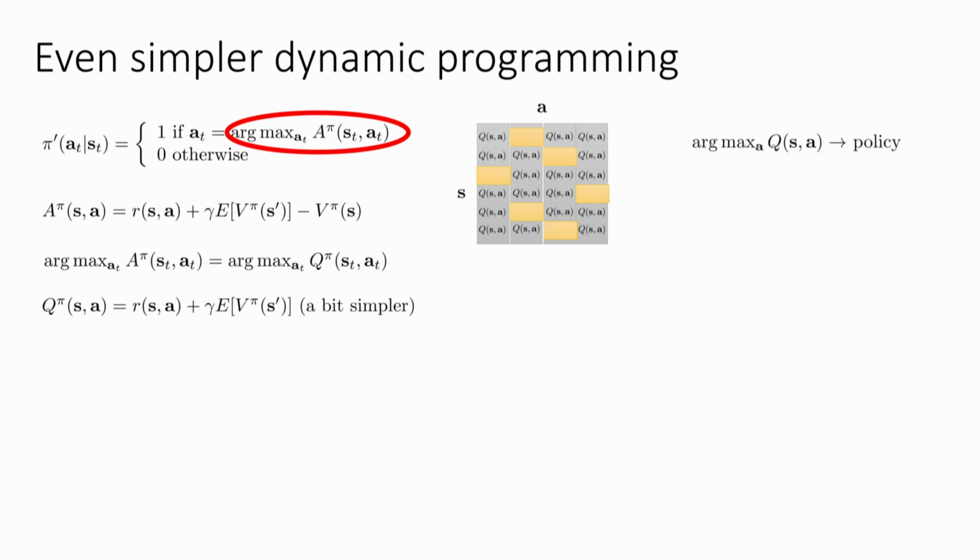That becomes the policy. Then we could ask, what's the value of that action according to your previous value function? Well, the value is simply the number that's in that table. The index of the entry in that row gives you the best action. The numerical value in that cell in the table gives you the actual value.